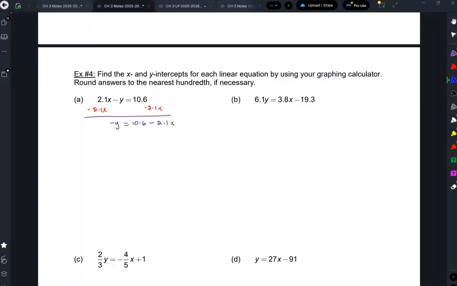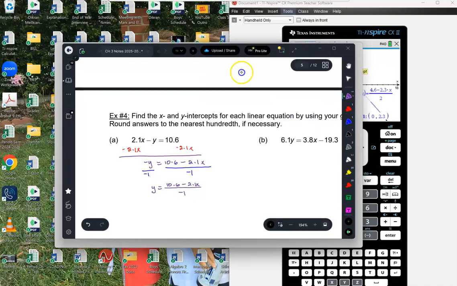Now, this is a negative y, which I don't want. So divide by negative 1, divide by negative 1. Y is 10.6 minus 2.1x over negative 1. You know what? Let's do this one by graphing.